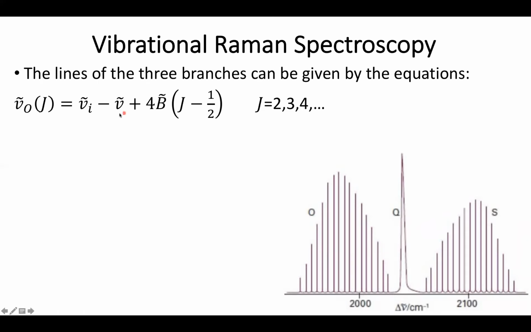The wave number of the light that I observe is going to be related to the incident light. And I stole some energy in order to excite to a higher vibrational level, which according to the harmonic oscillator should differ by the rotational constant.